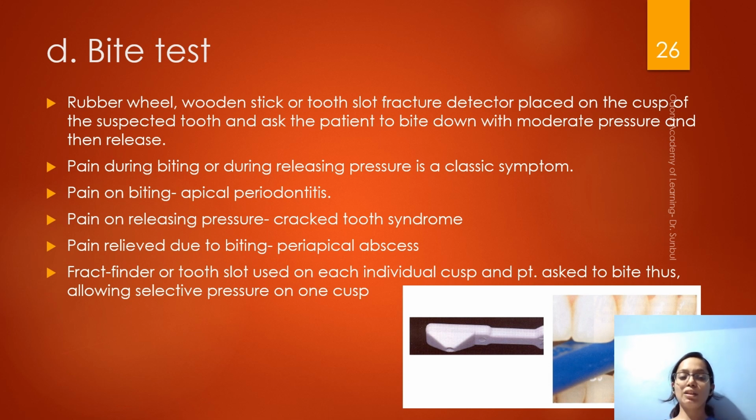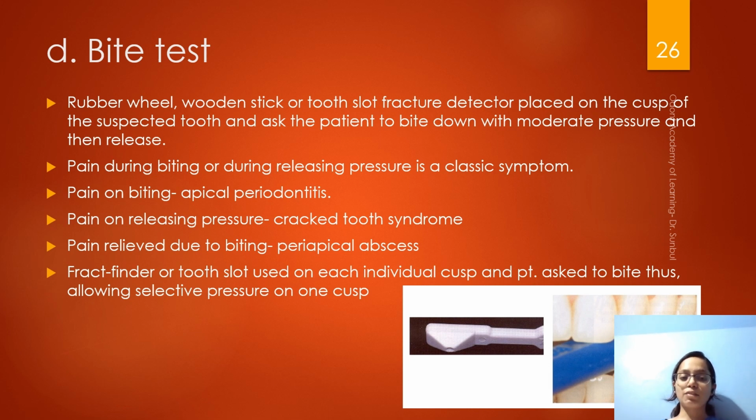If the pain is only there on biting, then it is apical periodontitis. If the pain is there on releasing pressure, then it is also suggestive of cracked tooth syndrome. And if the pain is relieved when they bite on it, then it is periapical abscess.